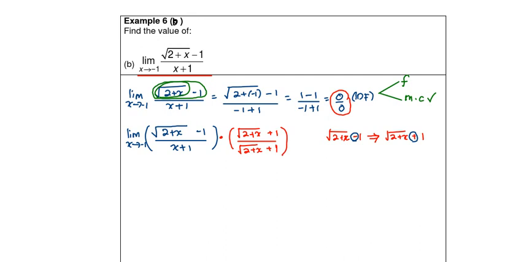Expand the numerator because we want to simplify the terms in square root.